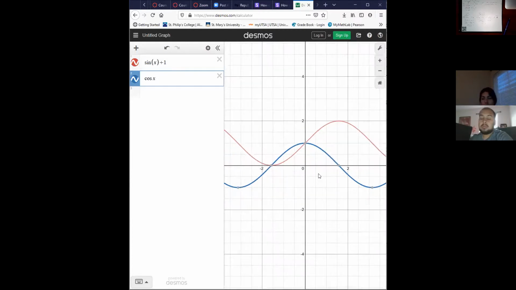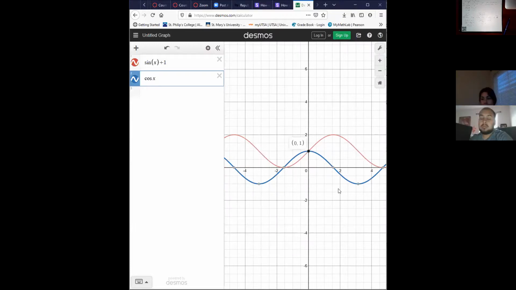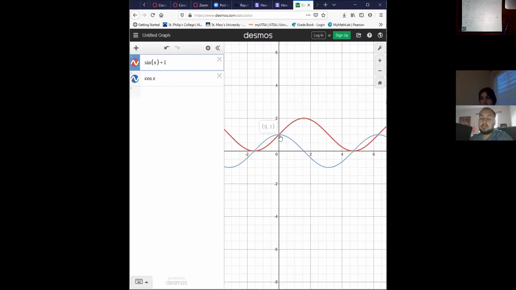In other words, when do they intersect between the interval that they requested? 2 pi is 0 to 2 pi. So they intersect here, and there. So at this point, let me double check it. Yeah, so look, there's 3 answers, or at least 2.